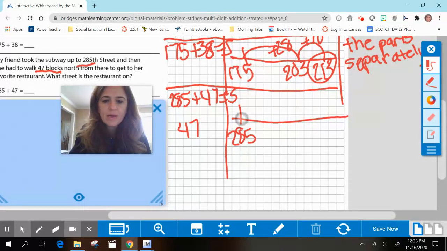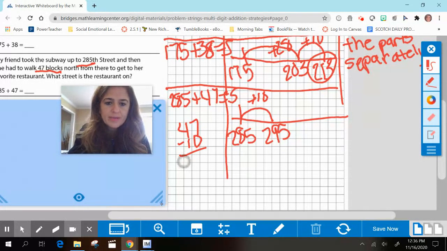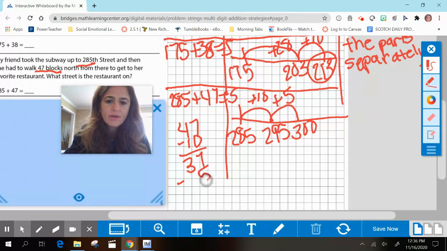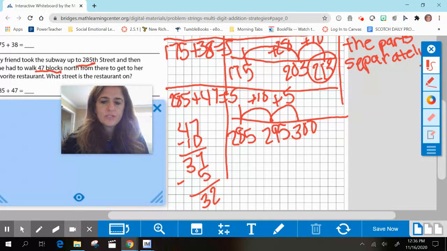So 285 plus 10 gives me 295, right? So I'm going to take away 10. That gives me 37. Okay. 295 plus 5 gives me 300. I'm going to take away a 5 in here, and that leaves me with 32.